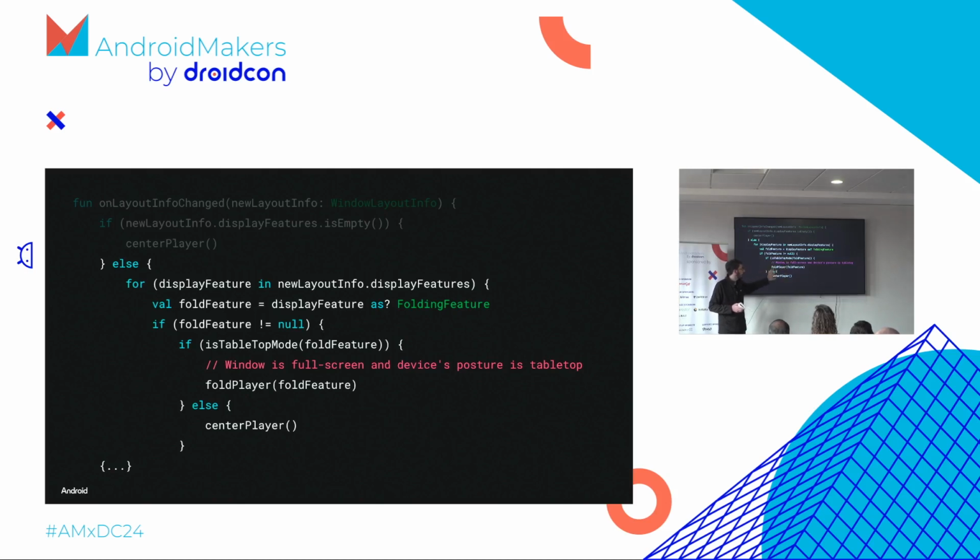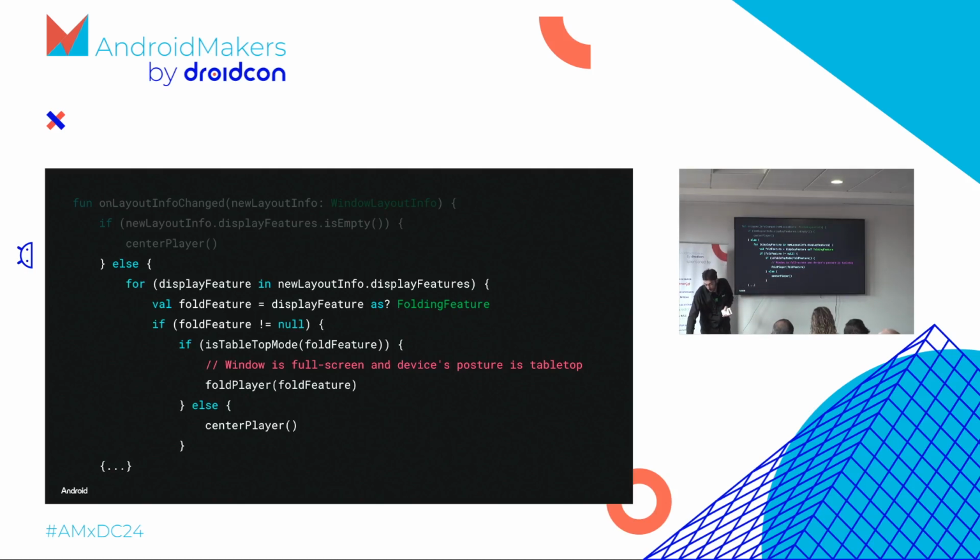You adapt your layout to fold the player. What that means basically depends on your layout: if you just want to move it, if you want to add an animation, if you want to use a guideline, wherever it's best. Otherwise, you center the player.